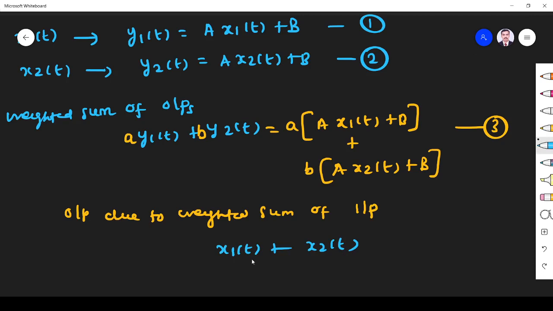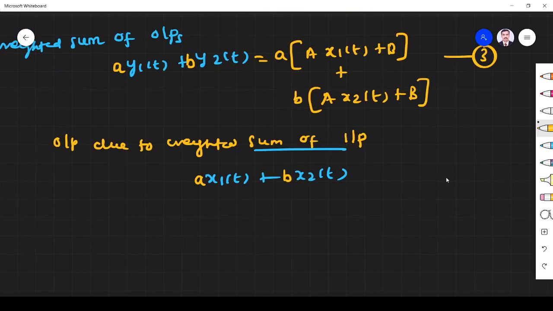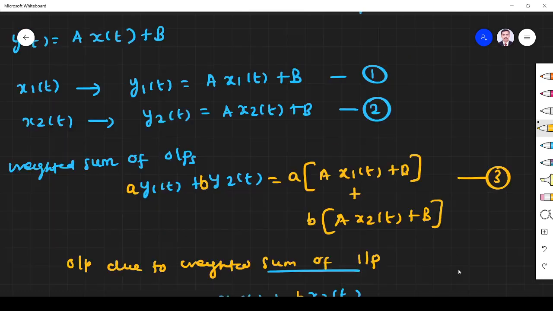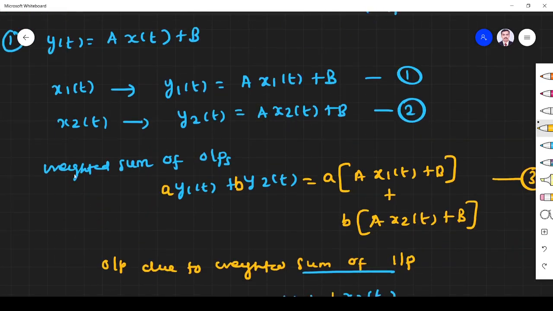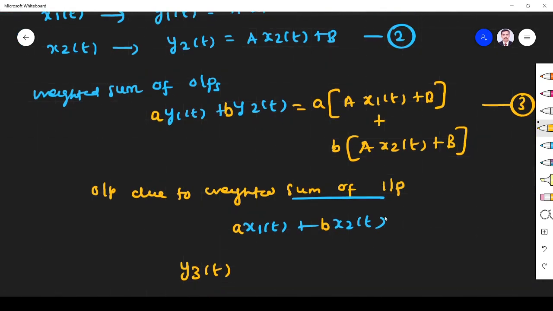Now I have to give the weighted sum of input, following the same weights: I scale x1 of t by weight a and x2 of t by weight b. If I give this input, what will be the output? Now I find the output due to the weighted sum of input, that is y3 of t. First I gave input x1 of t, then input x2 of t, and now I give a x1 of t plus b x2 of t.